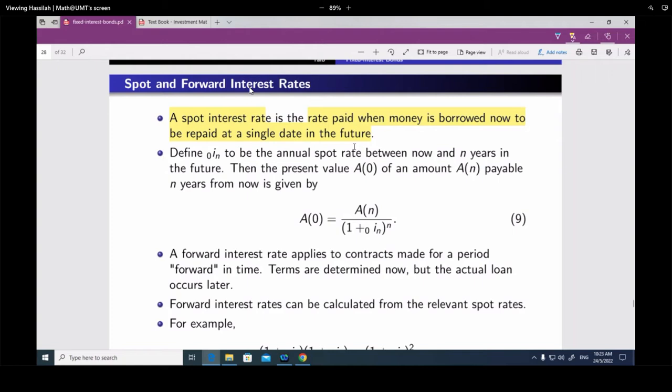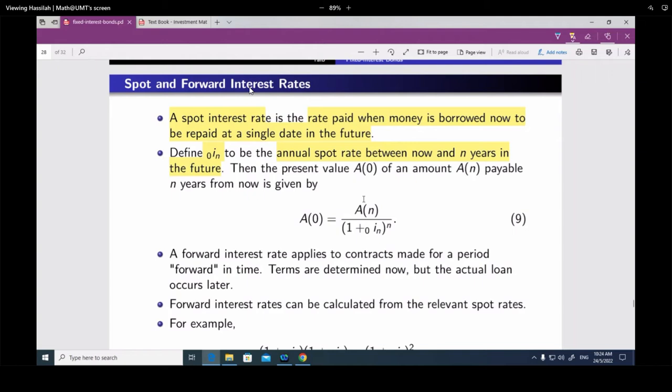So we define this: A0 IN be the annual spot rate.